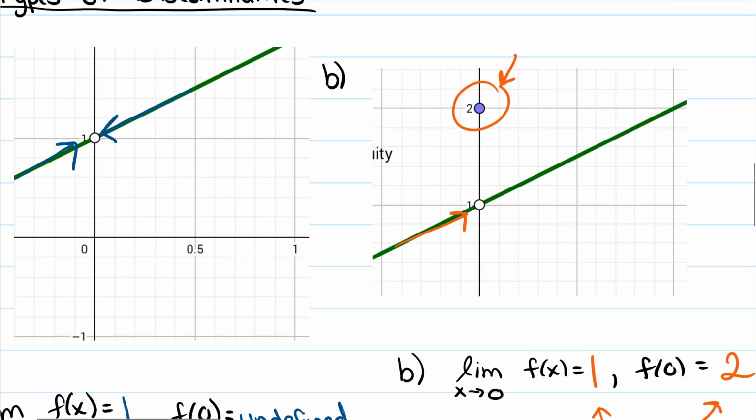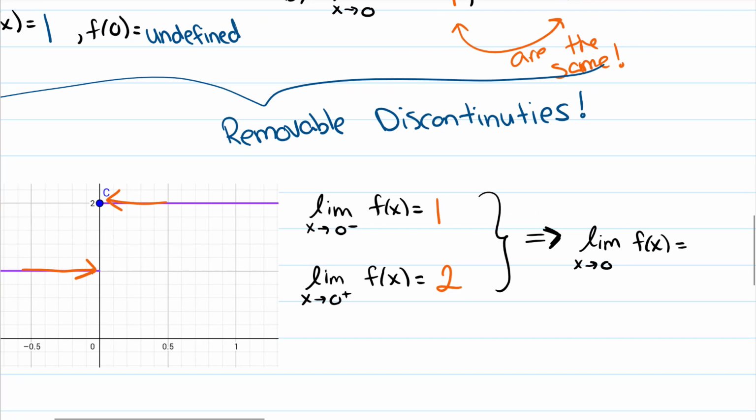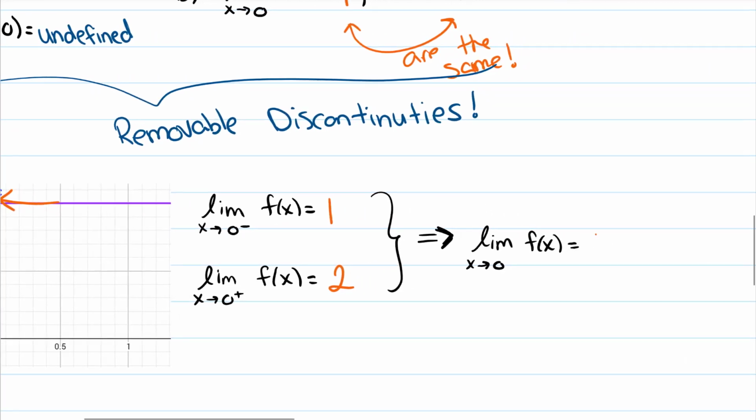Moving on to our next type of discontinuity, let's look at this graph. The limit as x approaches 0 from the left is going to be 1, and the limit as we approach from the right is going to be 2. So therefore, the limit as x approaches 0 of f of x does not exist.